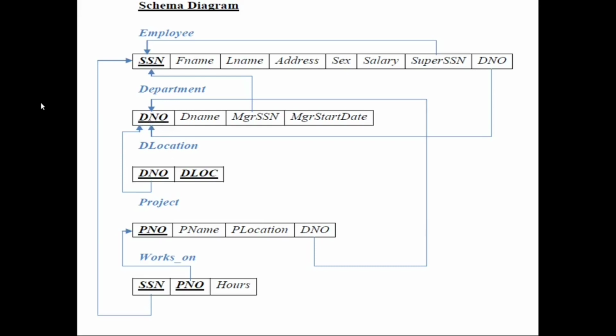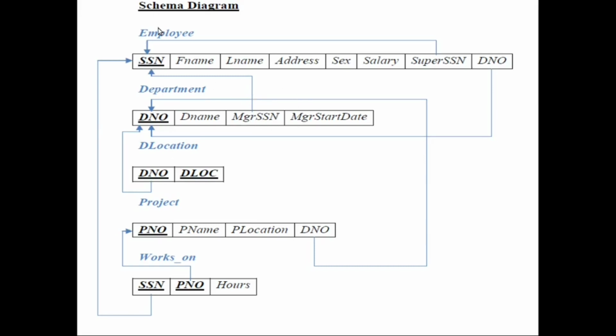Now let's see how we create these tables. We cannot directly create the employee table, as department number is a foreign key, and I also cannot directly create the department table because manager SSN is a foreign key. Manager SSN is a child key and the parent key is SSN.